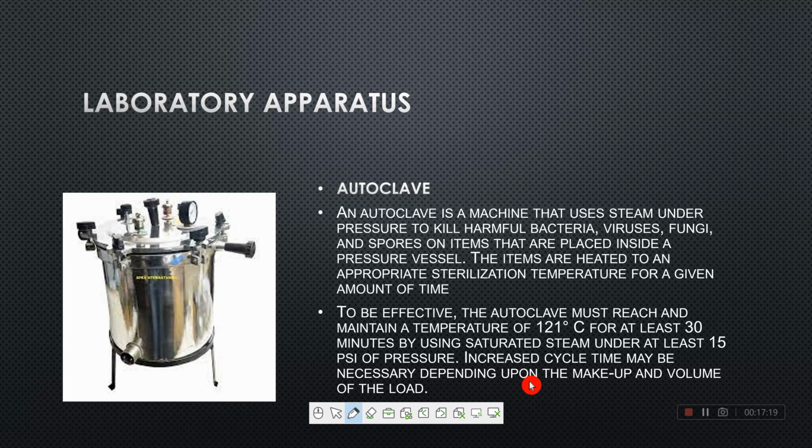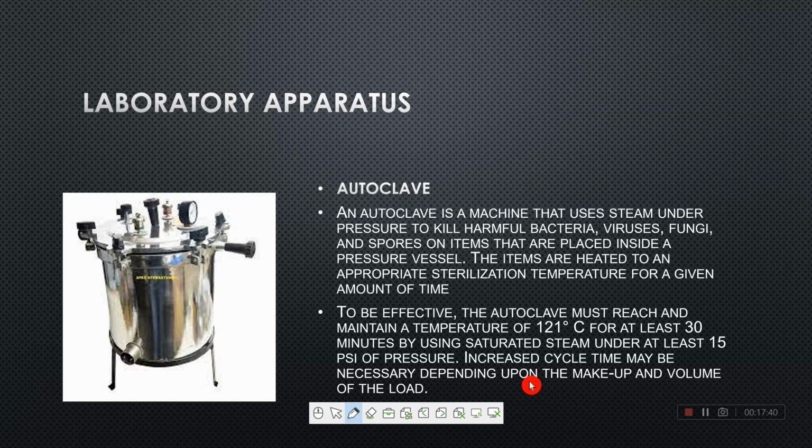It is a machine or instrument that works on the principle of steam under pressure to kill harmful bacteria, viruses, fungi and spores on the items placed inside its vessel. Items put inside the autoclave are heated to an appropriate sterilization temperature.